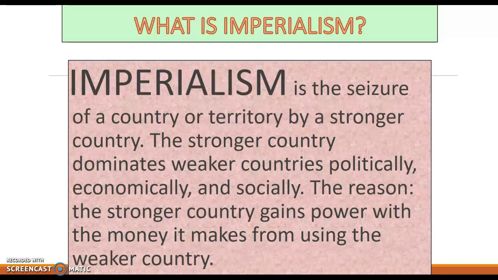Larger countries, Great Britain, France, Germany, Belgium, are desperately figuring out that they need those resources, and so they want to go in and take over. There were lots of motivations for taking over, but we'll talk more about that when we get there.